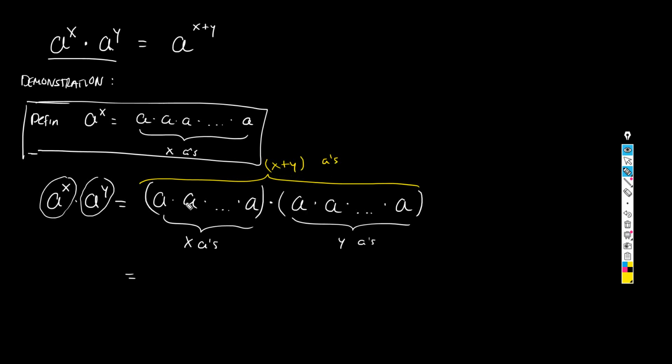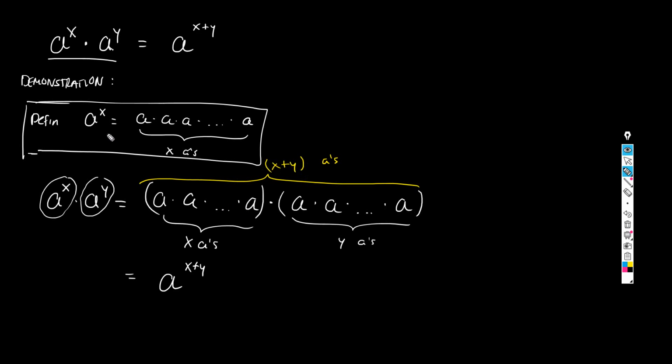And if I have a multiplying itself this many times, then by definition, I can represent that as a raised to the x plus y. You see? I'm done. If I have the product of pure a's, a times a times a times a, and so on, times a, how many times? This many times.